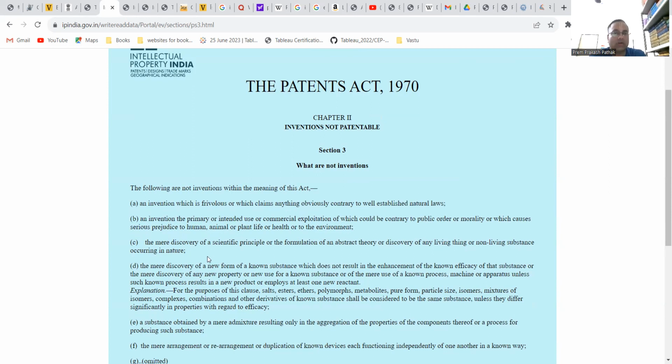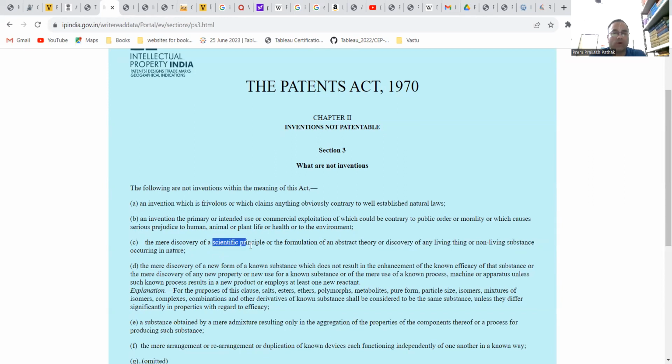And 3C is mere discovery of scientific principles or formulation of abstract theory or discovery of any living thing or non-living substance occurring in nature. So what does this mean?